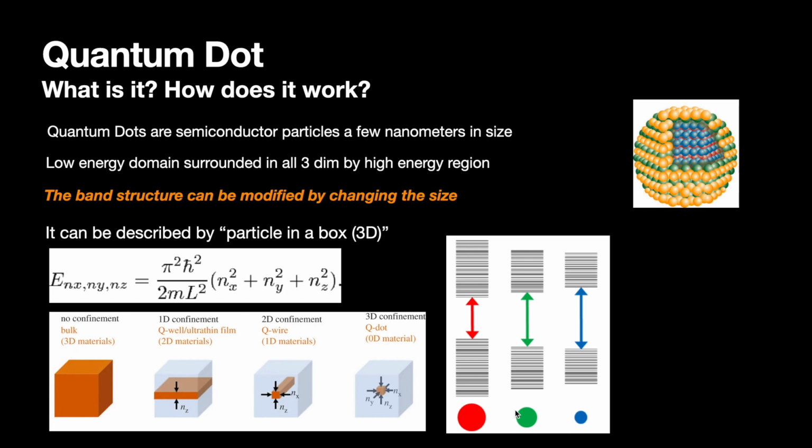And if you look at the small quantum dot, which is painted blue, you will notice that the energy difference is large, so that the electron dropping from the high energy level to low energy level may generate a light with higher energy, which corresponds to shorter wavelength, and that will give us blue light.